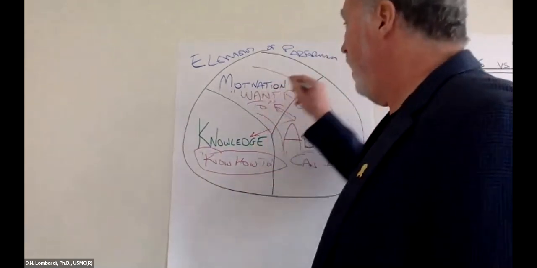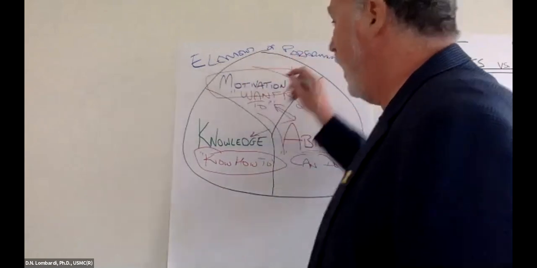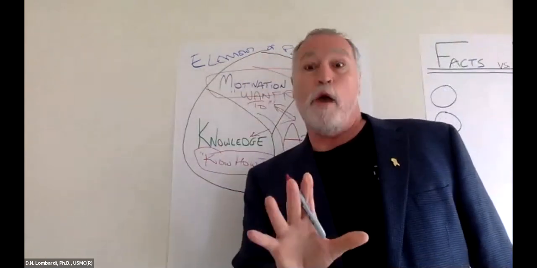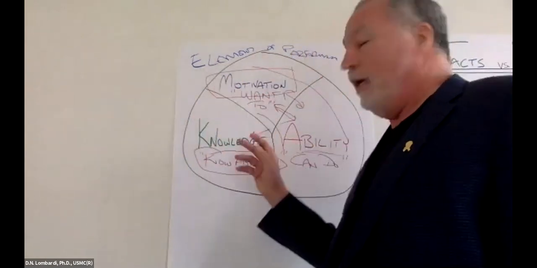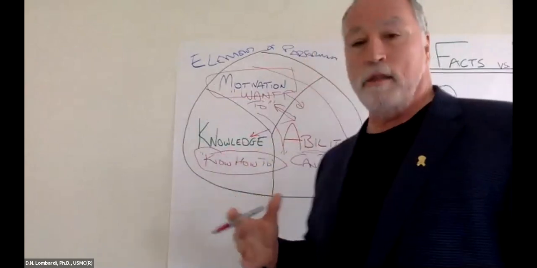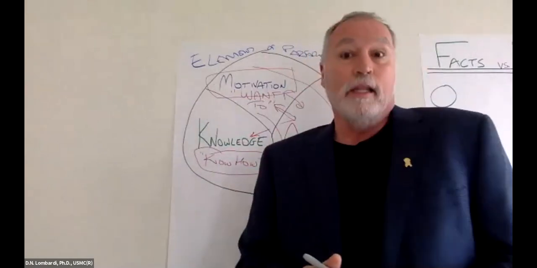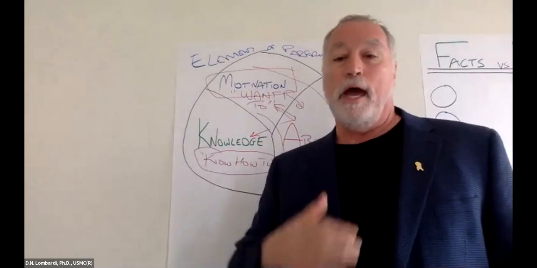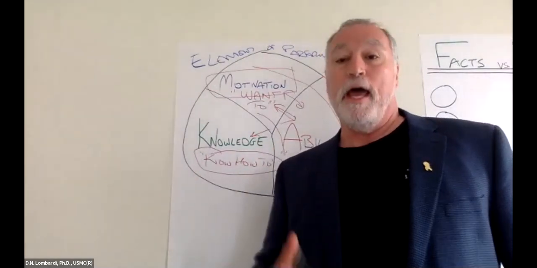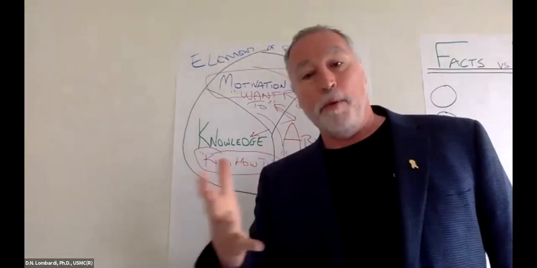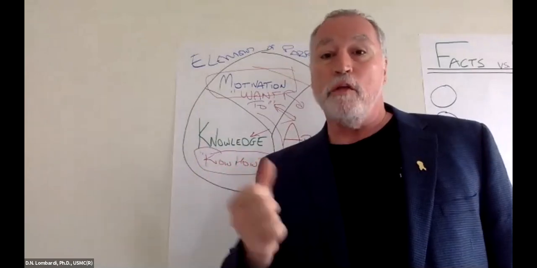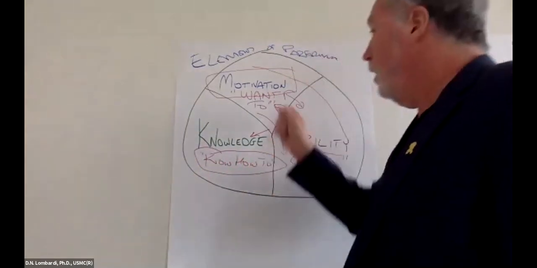If they don't have the motivation, and I would almost ask you, which of the three, motivation, ability, and knowledge, do you think is the most important, the first one you should look at as a leader, as a teacher, as a supervisor, okay, as the elected official, maybe one of your campus organizations?